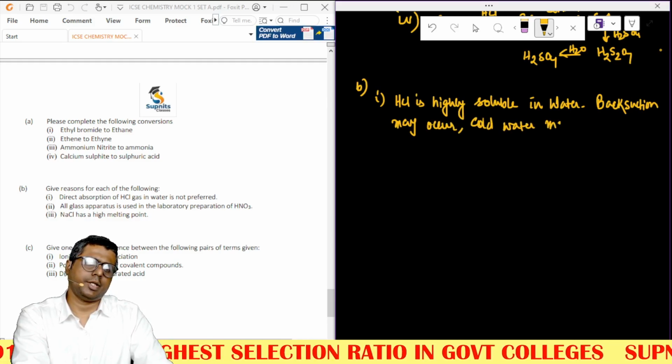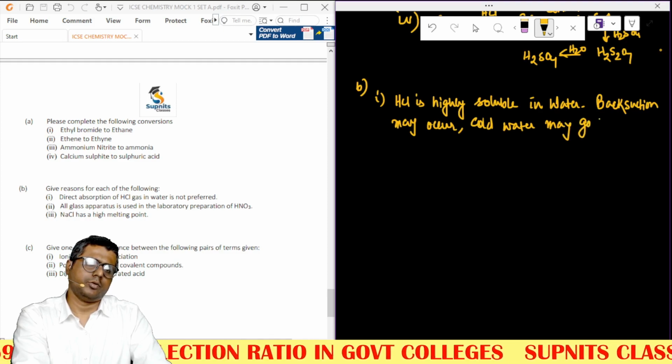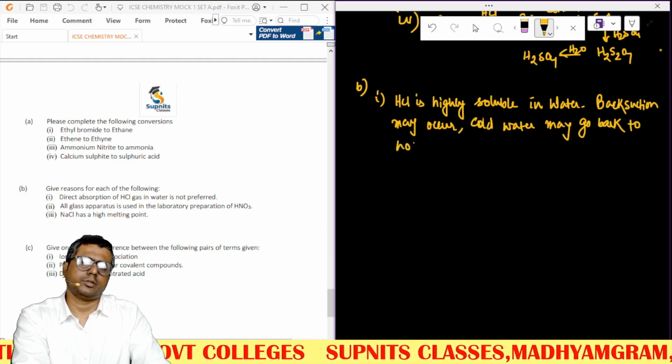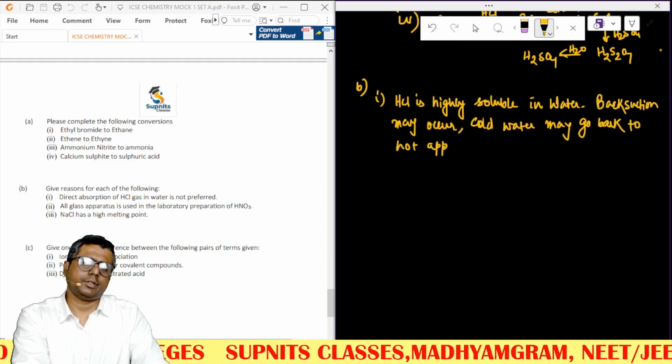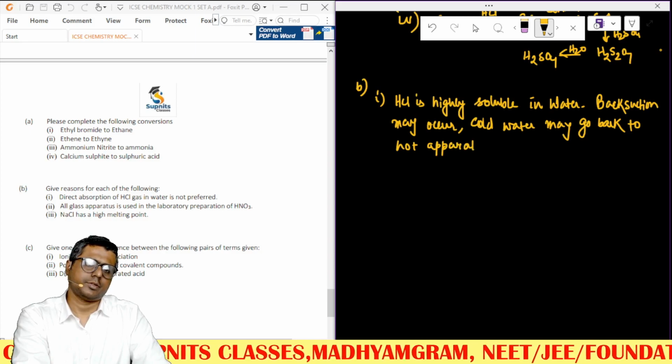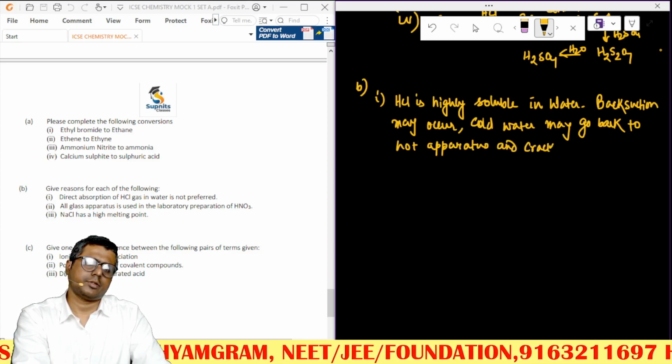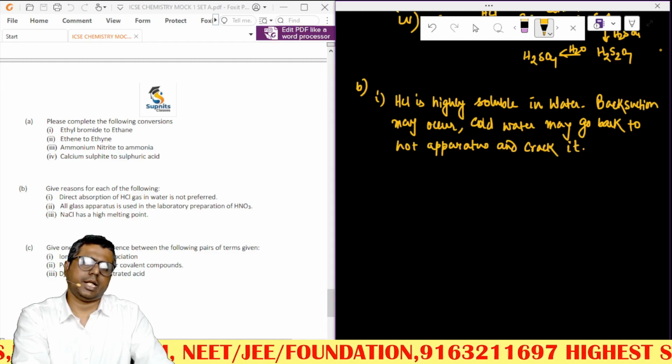Cold water may go back to the hot apparatus and crack it.